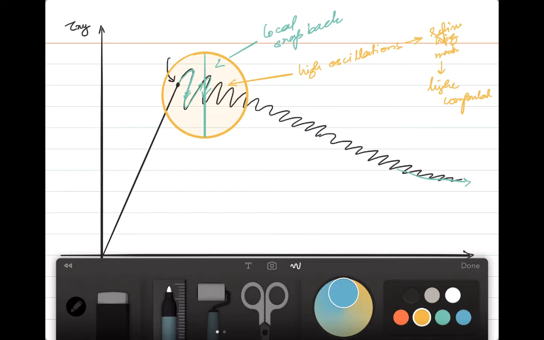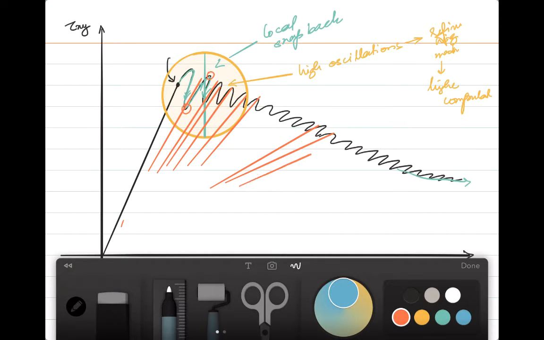Another thing is that the snapback occurs because of material softening. So this is material softening behavior. If I draw slopes of this material softening behavior, you would see that here the softening happens to be much sharper, so the slope is much higher. However, when you move on, the slope becomes less and less.